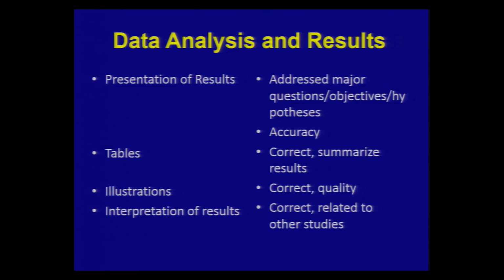Here the evaluator can look into whether the presentation of results addresses the major questions raised in the beginning of the study, or the objectives which were specified, or whether the person has tried to organize the data analysis and results under the broad headings of hypotheses.